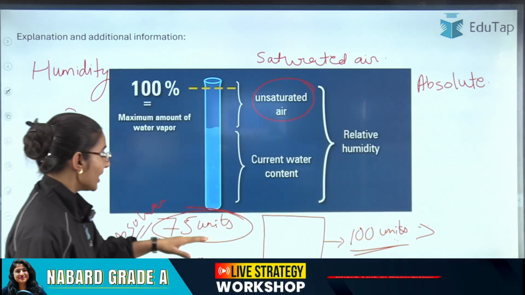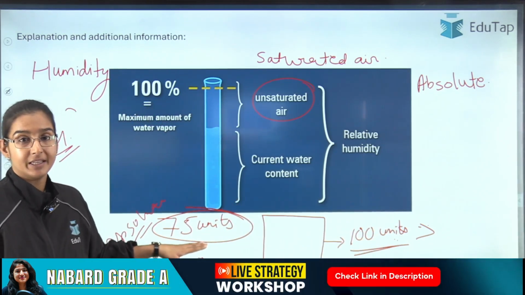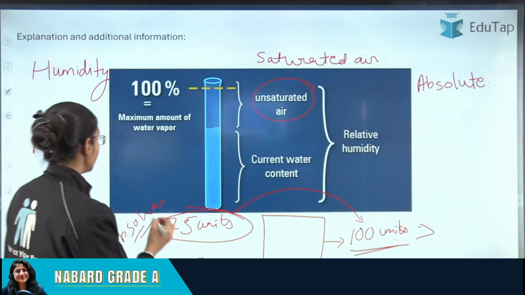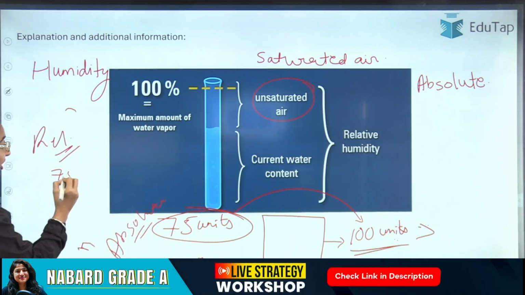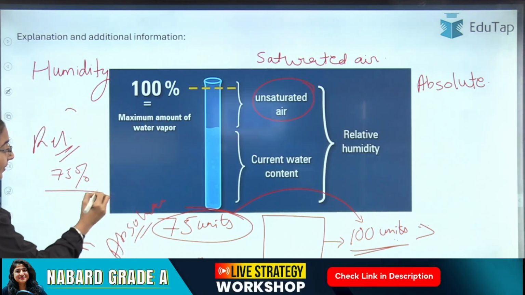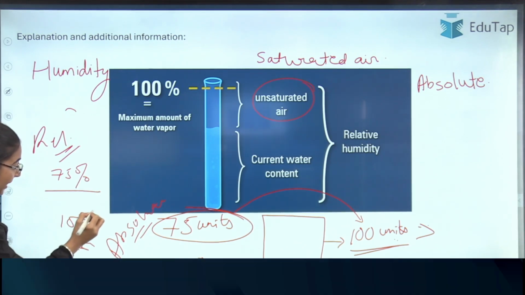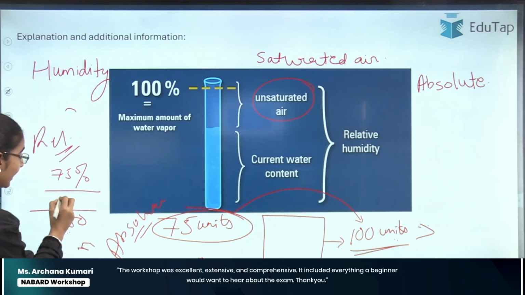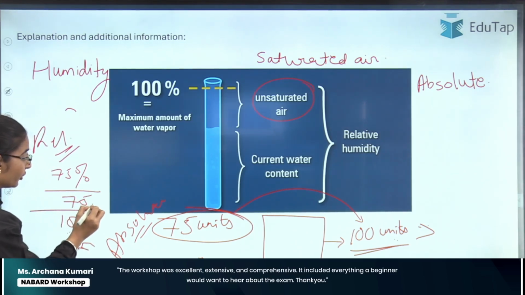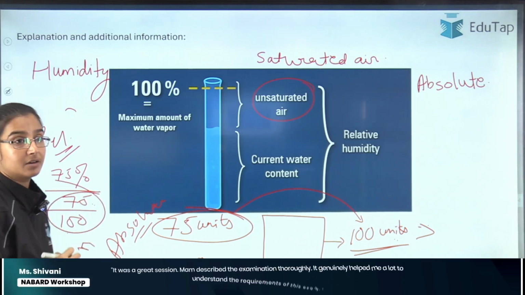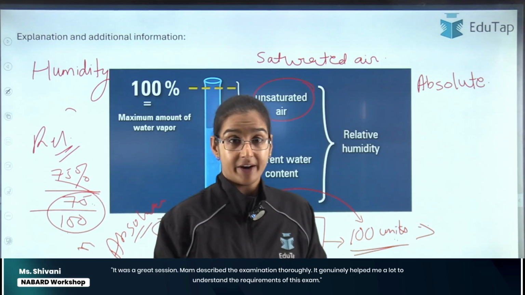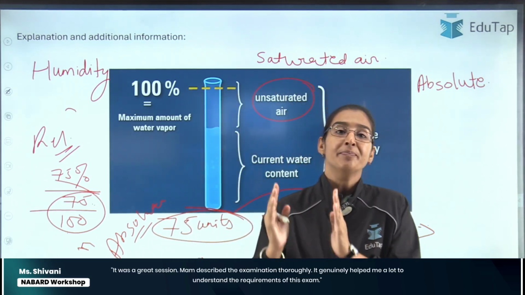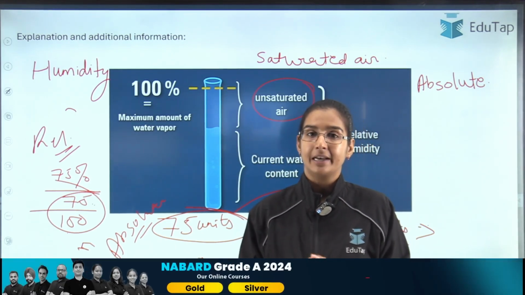Now suppose there are 75 units of water vapor in the air, but its maximum capacity is 100 units, so the relative humidity will be 75%, which means that out of the maximum 100 units which the air can hold, currently it is holding only 75 units. So 75% will be our relative humidity, right? So I think with this, the concept of saturated, unsaturated, relative and absolute humidity is clear to you.